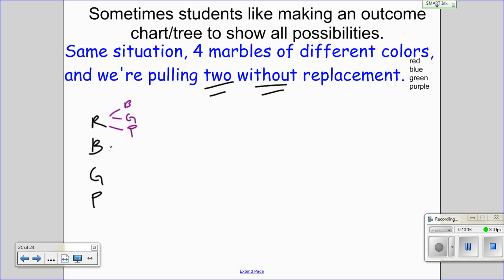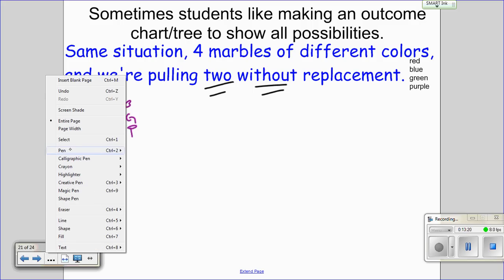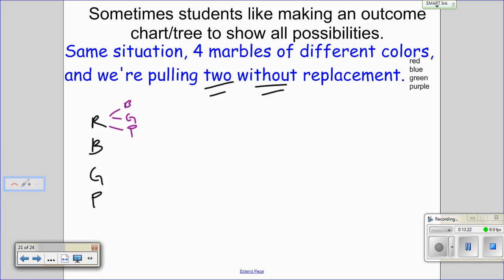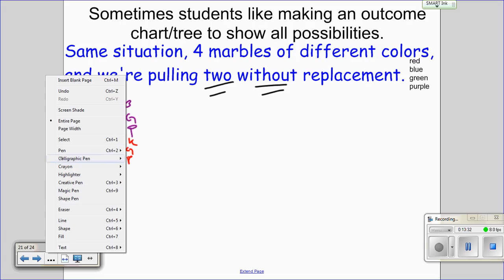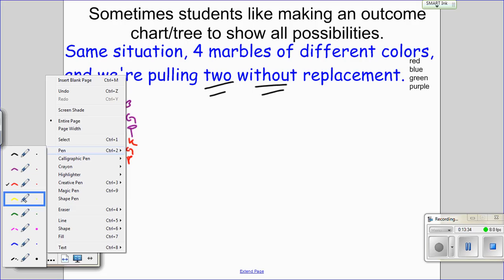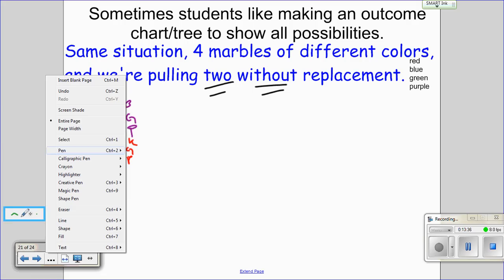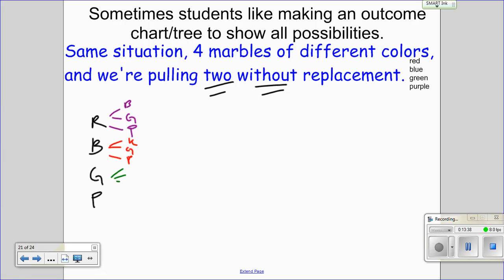And then if I pick blue first, my options are to pick a red, a green, and then a purple. And if I pick green first, my options are to pick a red, a blue, or a purple.